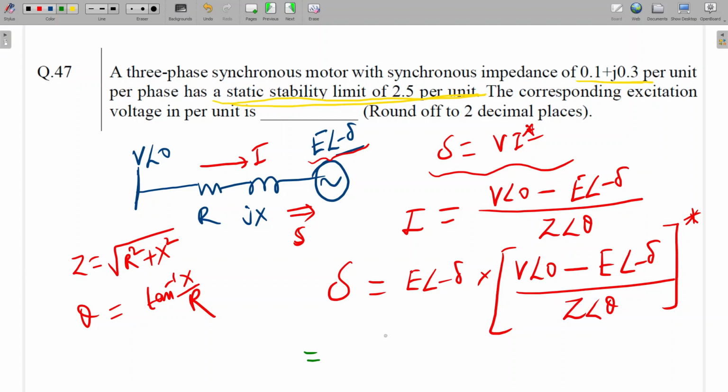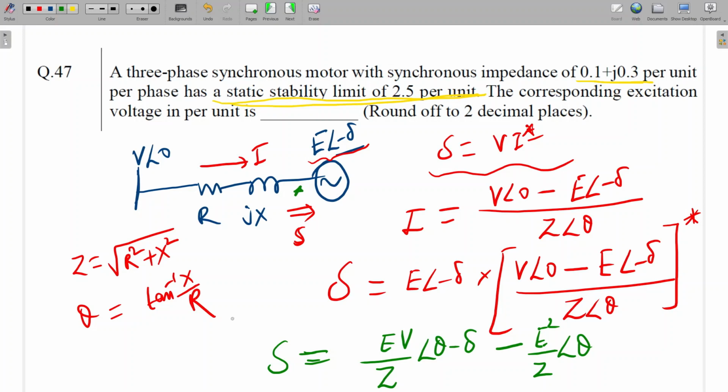So we can write EV by Z angle theta minus delta, minus E square by Z angle theta. So minus theta minus delta, the conjugate will be theta plus delta, and theta plus delta minus delta will be theta. So this is the final equation of the apparent power at this point.